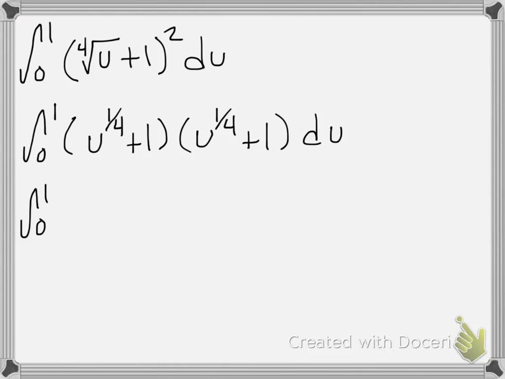So we're going to have u to the 1/4 times u to the 1/4, doing the full method. Like I said before, whenever you have something multiplied together and it's raised to a power, so long as the base is the same, you just add the exponents together. So that's going to be u to the 2/4 plus, we're going to have u to the 1/4 plus u to the 1/4.